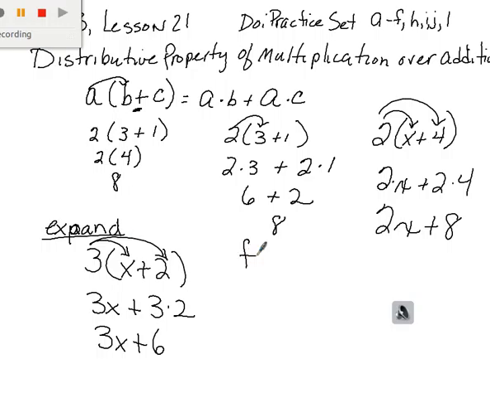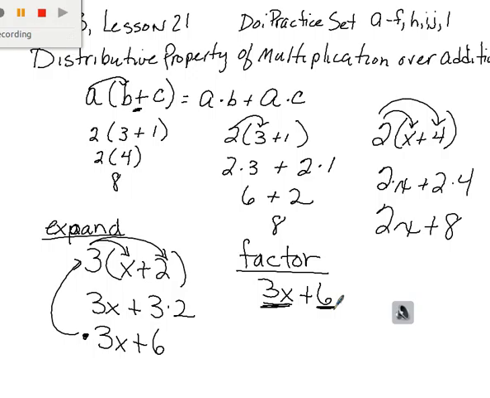When they say factor, you are starting from the end and going back to the beginning. So if they said factor 3x plus 6, you look at each term and you say, what is common to both 3x and 6?